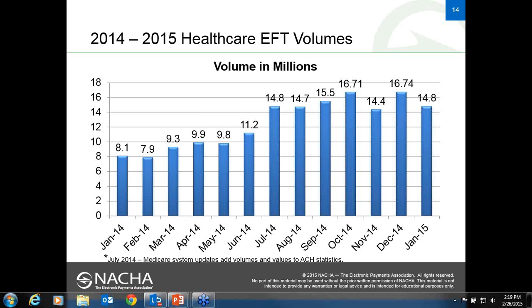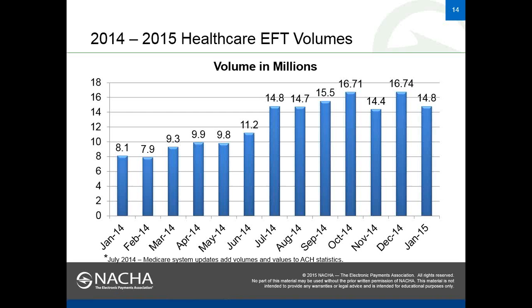Now when you go to the November, December of 2014 and January of 2015, the November 2014 is a lower number because of the reduced processing days for the month of November.